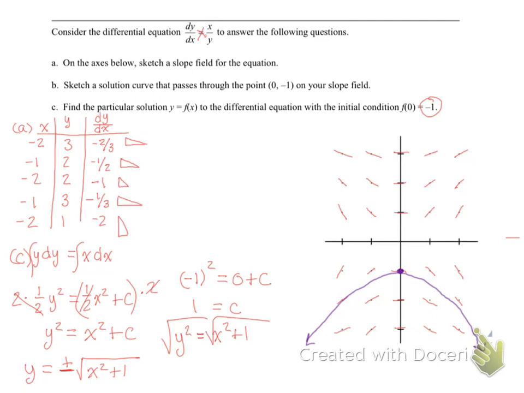If you're not following, just plug in that initial condition and see which one works, either the positive or the negative. You're going to find that your particular solution is y equals negative square root of x squared plus 1. So that's it for slope fields.